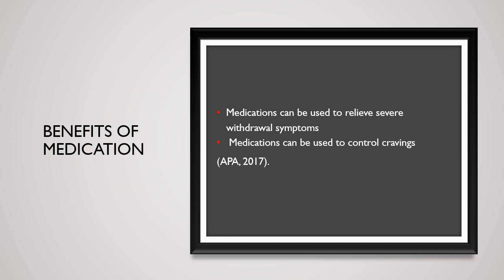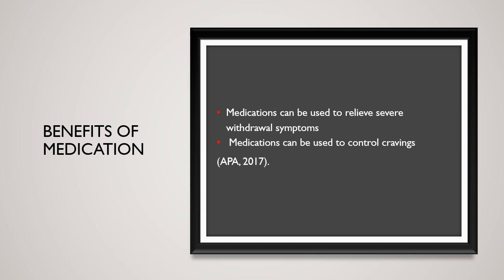Now, in previous lectures, if you recall, we learned that withdrawal symptoms are symptoms of physical illness in the absence of the substance. So when the addict stops using their drug of choice or the drug that they're addicted to, they may experience a variety of physical ailments.